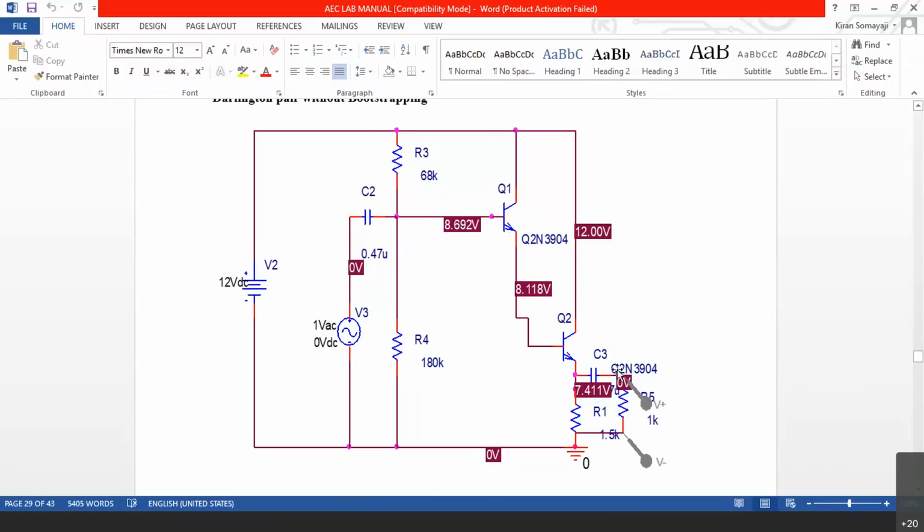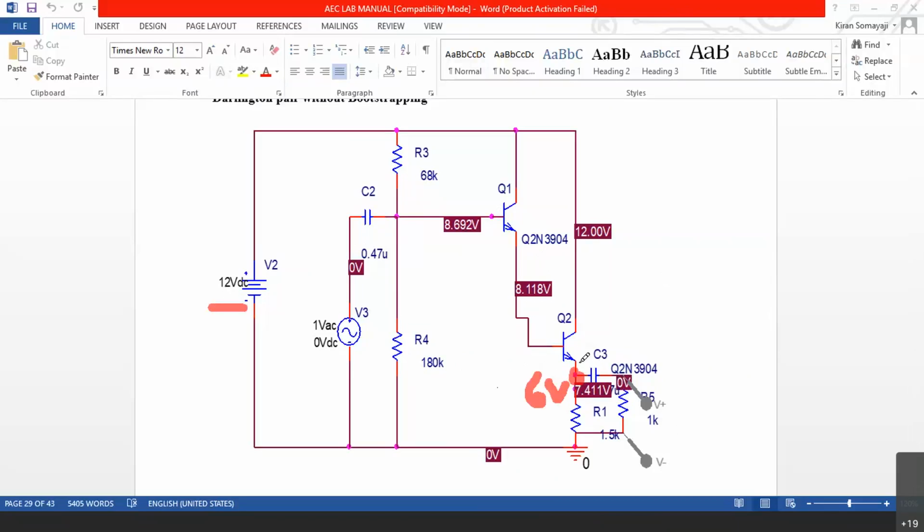And as you already know, the emitter of the final transistor must have about half of VCC. Now here VCC is 12 volts. So when the AC signal is not given, theoretically we require around 6 volts at this point, that is half of this 12 volts.